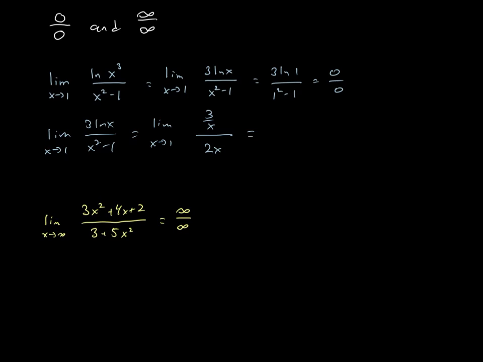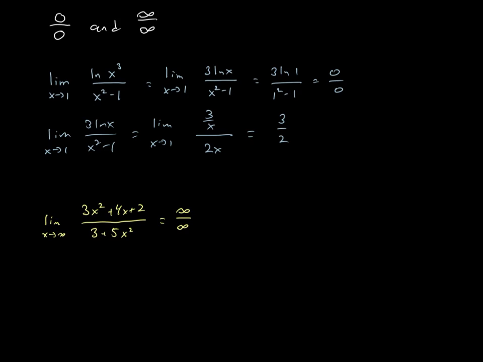And so I take that limit as x approaches 1, and I will get 3 over 2. So the limit as x approaches 1 of natural log of x cubed over x squared minus 1 is equal to 3 over 2.